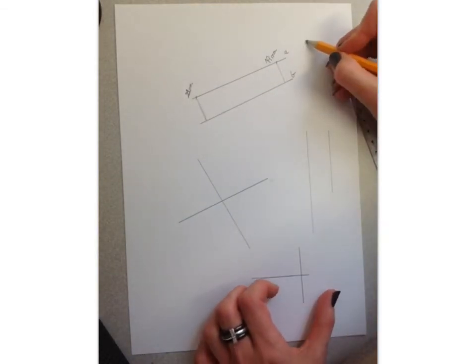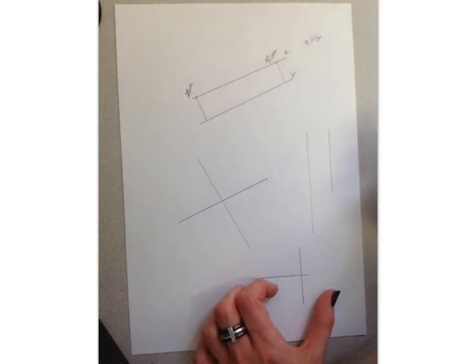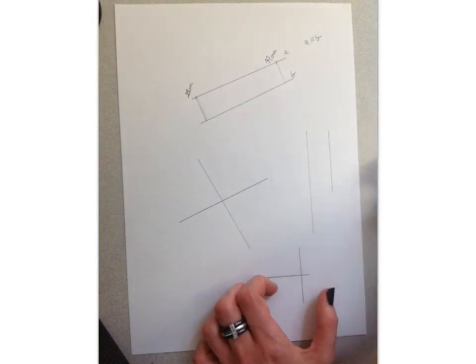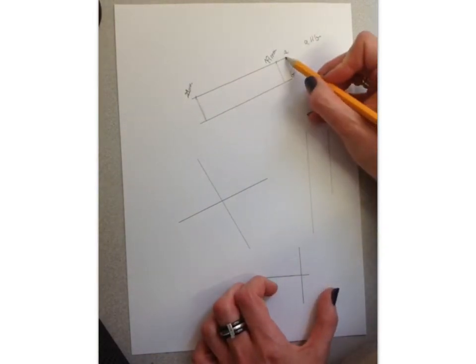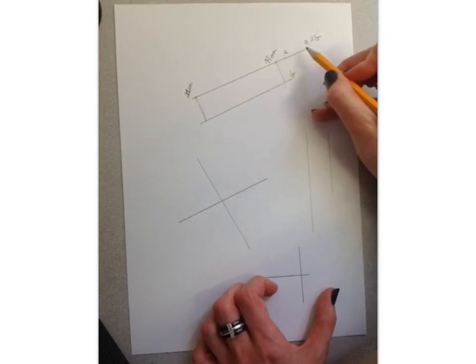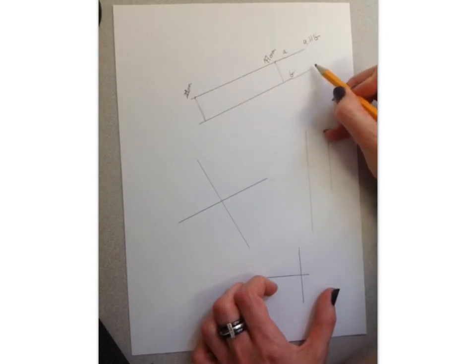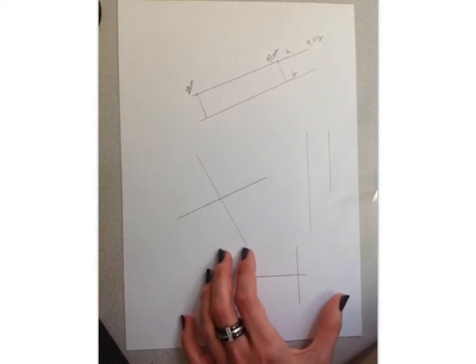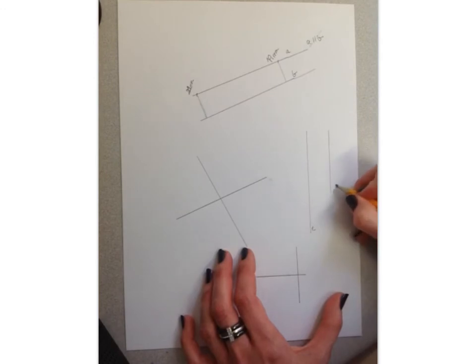So actually A and B are not parallel at all, because the distance in here and in here is not the same. So that means if we keep going, keep going, and keep going, they will meet at some stage.